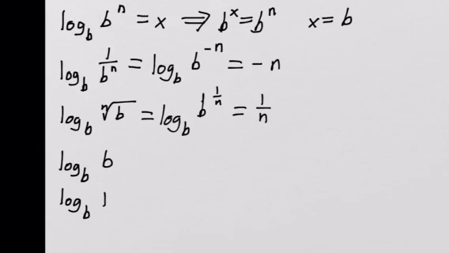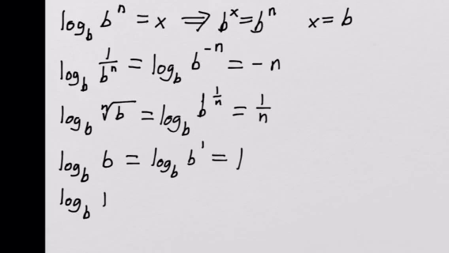Then a couple of the very overlooked properties that are important. The log base b of b. Now remember, b is just b to the first power. So that's just going to equal 1.